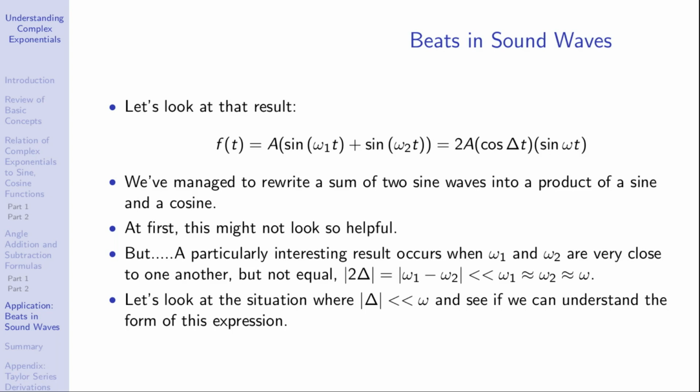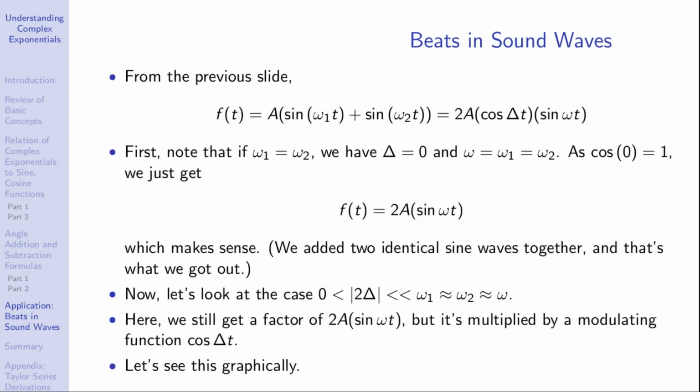Let's look at the situation where the absolute value of delta is much less than omega and see if we can understand the form of this expression. Okay, so from the previous slide we have our expression for f of t.